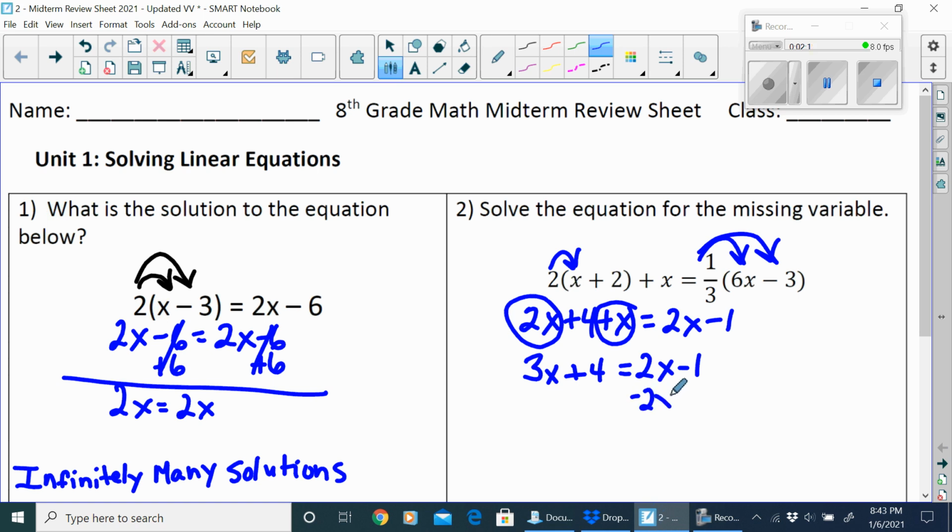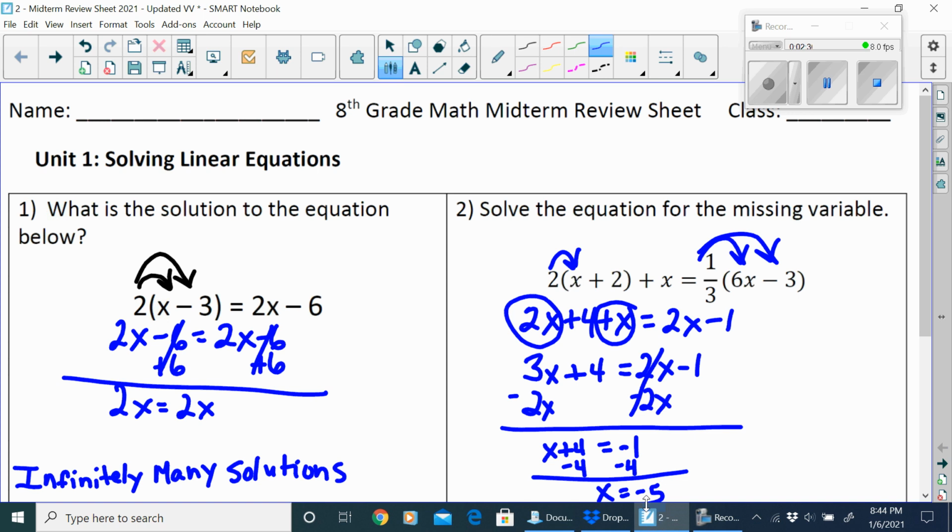I'm going to subtract 2x on each side. And we get 3x's minus 2x is 1x, or x plus 4 equals negative 1. We're going to subtract 4 on each side. And we get x equals negative 1 minus 4 is negative 5.